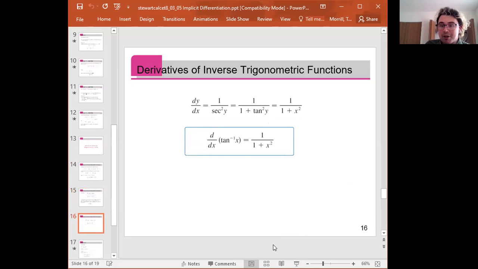And this one is much easier to solve because secant squared of y is always equal to 1 plus tangent squared of y. And, well, tangent of y is equal to x. That's what I said at the very beginning of this calculation. So here is the formula for the derivative of the inverse tangent function. It's just 1 on 1 plus x squared.